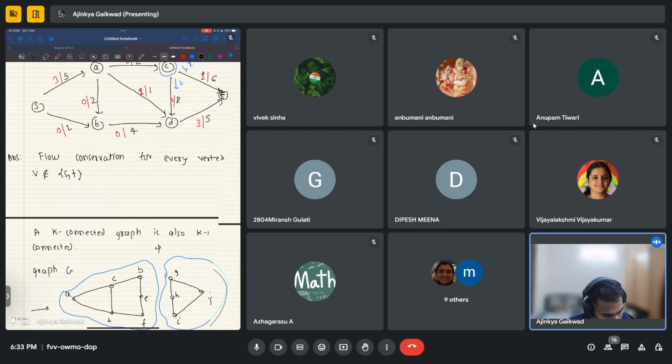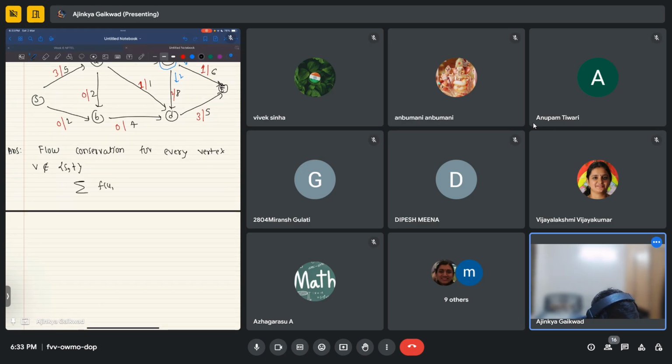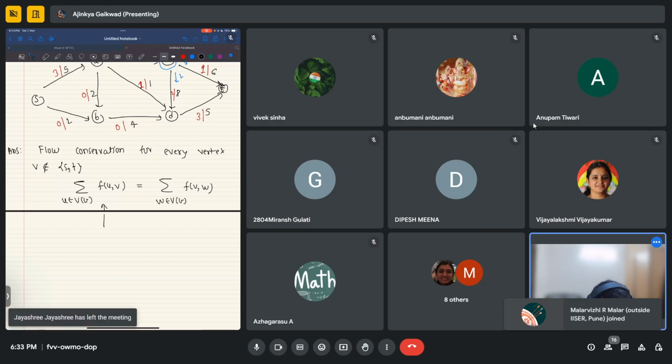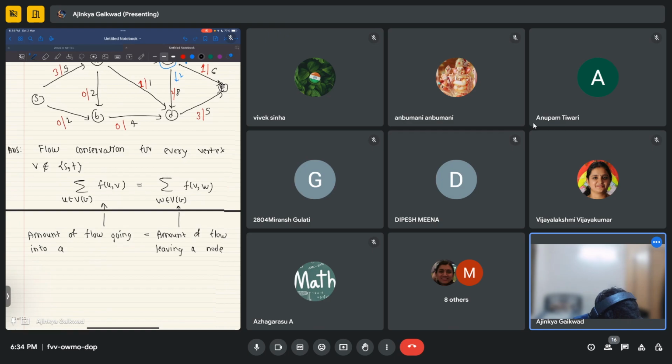So this flow conservation property is only valid for all the vertices except S and T. What it is saying is that the summation of f(u, v), where u belongs to V of G, is equal to the summation of f(v, w), where w belongs to V of G. The first summation denotes the amount of flow going into a vertex, and this is equal to the amount of flow leaving the node.